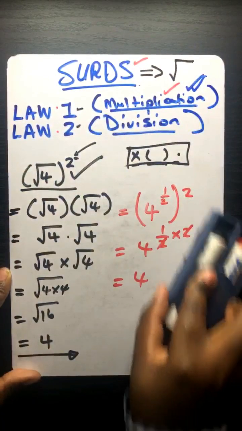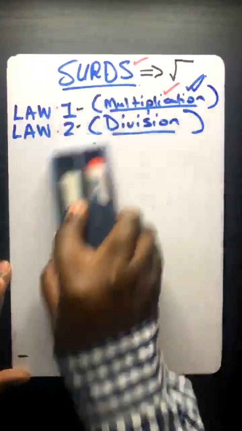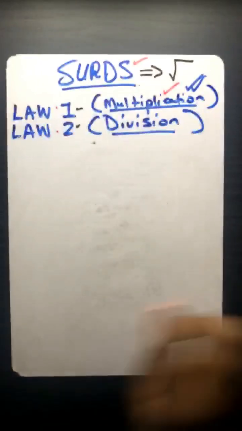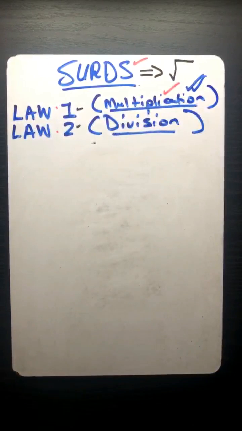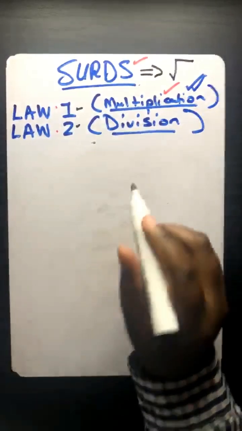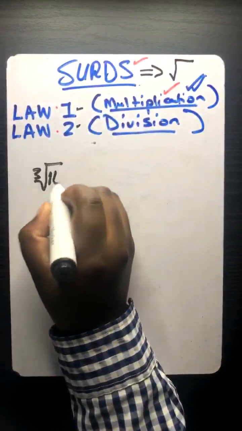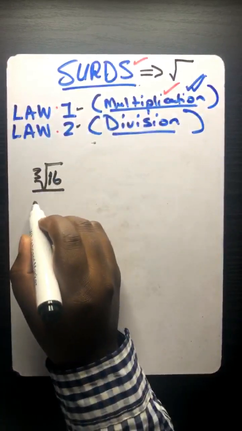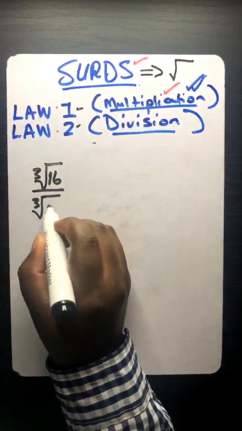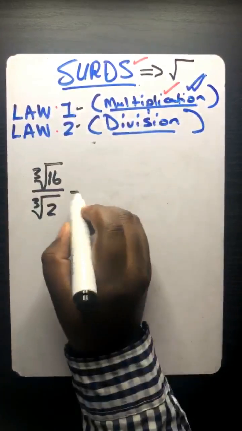So now, let's try to have a look at a different question. Maybe this time around, the one that requires division. Let's say we have 3 square root of 16 over 3 square root of 2. This one I'm going to do also.